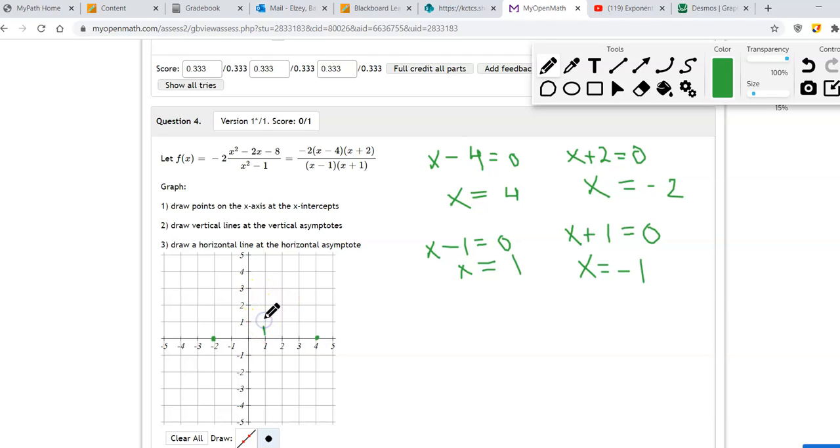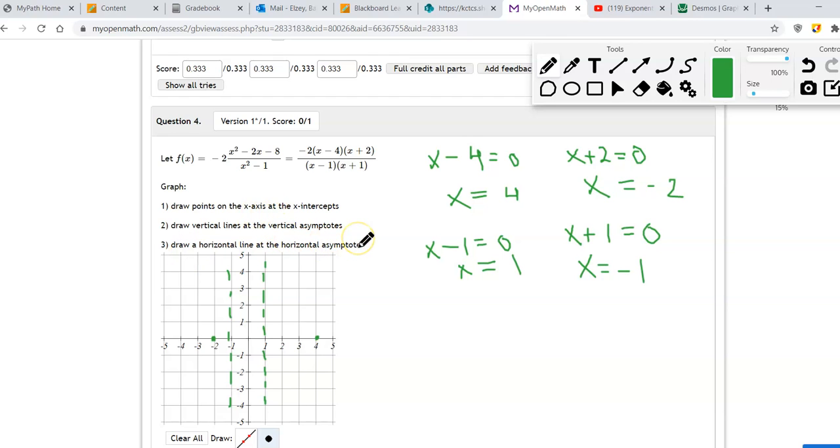So we would want vertical dotted lines at 1 and at -1. Actually, they may here just have you draw them as regular lines from the looks of it, rather than dotted lines, because it's just having you draw these asymptotes.